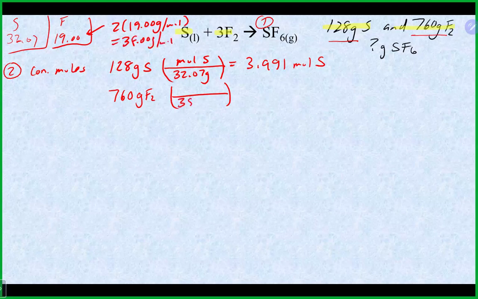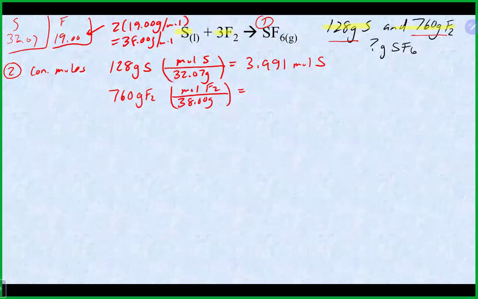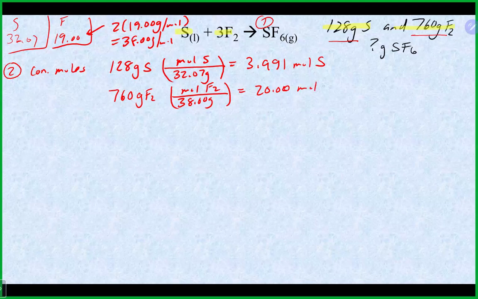So we'll use our 38 grams per mole here of F2, and we will end up with a nice round number, I think, 20 moles of F2.